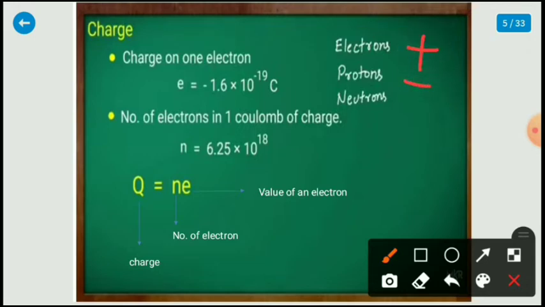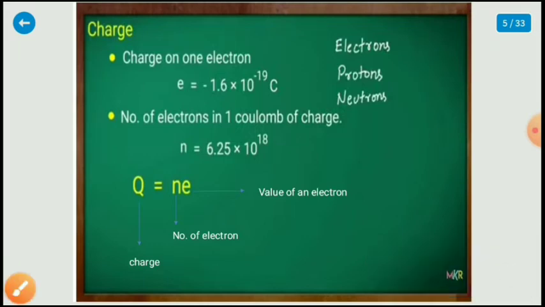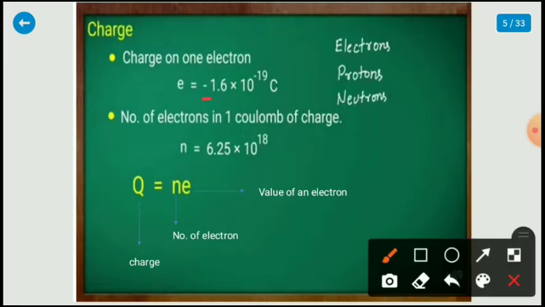The value of the charge of one electron is minus 1.6 into 10 to the power of minus 19 coulomb. The value of the charge of one proton is 1.6 into 10 to the power of minus 19 coulomb.